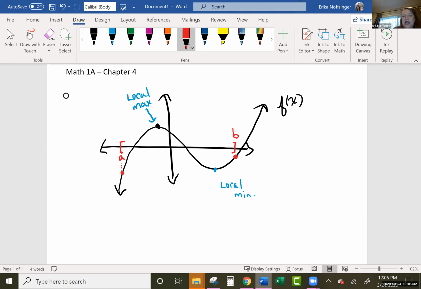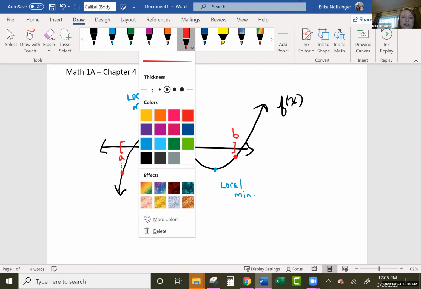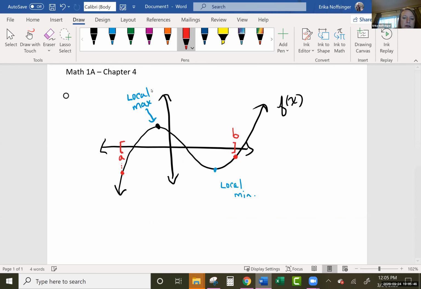And so it looks kind of close between x equals a and my local minimum, which y value is smaller. And so if I look at my y value, so right here, this is f of b.